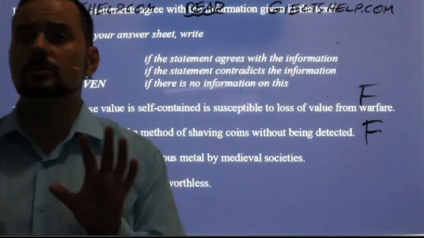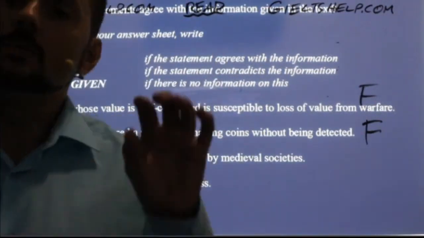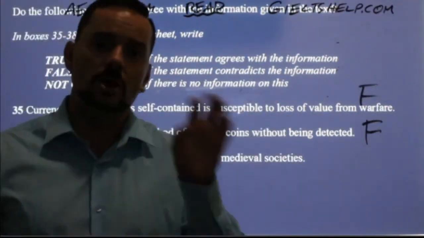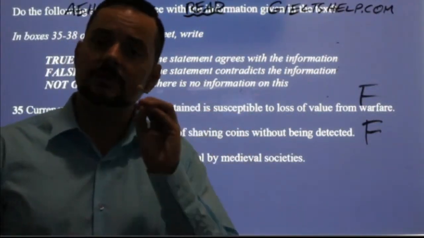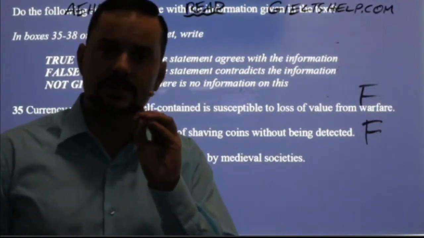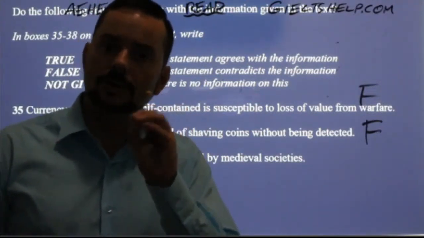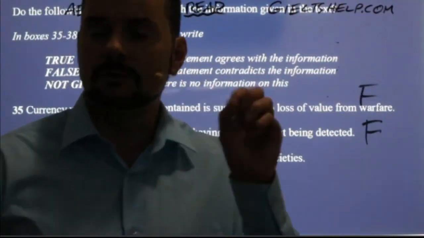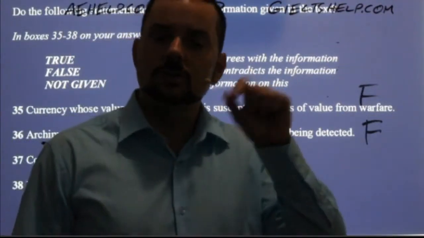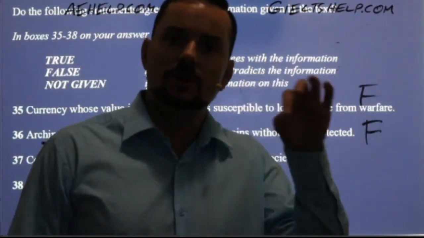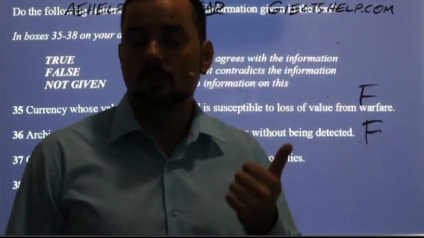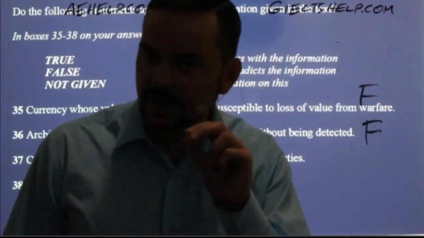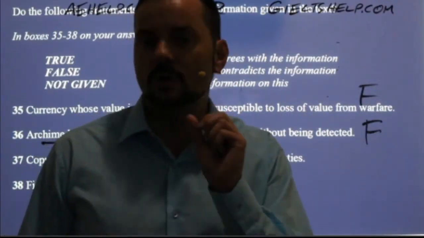Careful, don't be too quick with the not givens, okay? When you're trying to figure out if it's important or not important, if it's given or not given, you have to be very careful with that first step. It's almost more important than the next step of figuring out whether it's true or false, okay? So this two-step process for true, false, not given, step number one, is it important or not important? Be very, very careful with that first question.